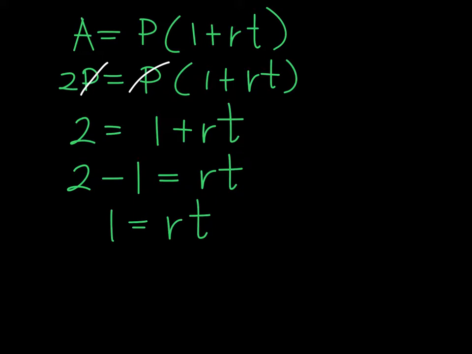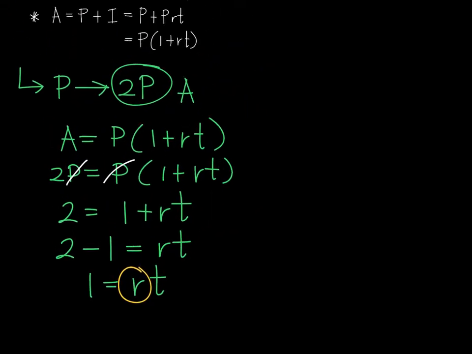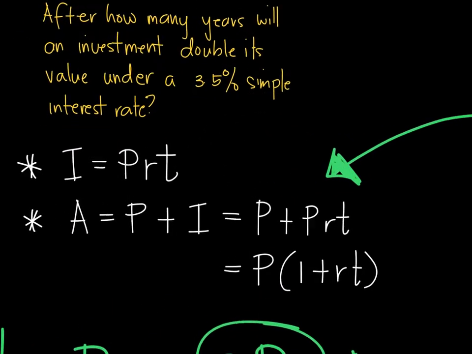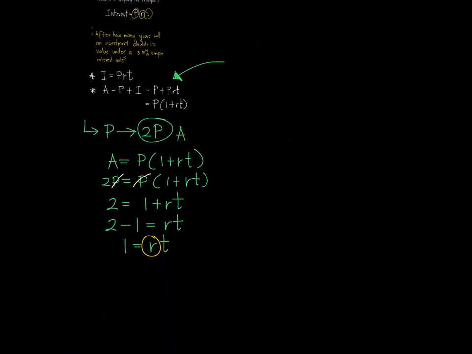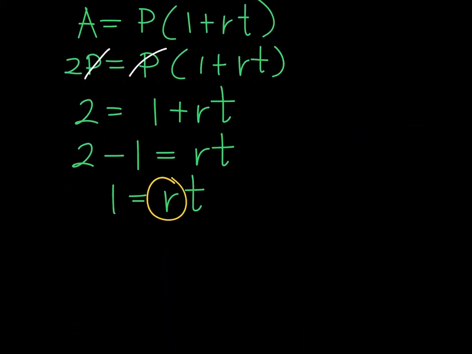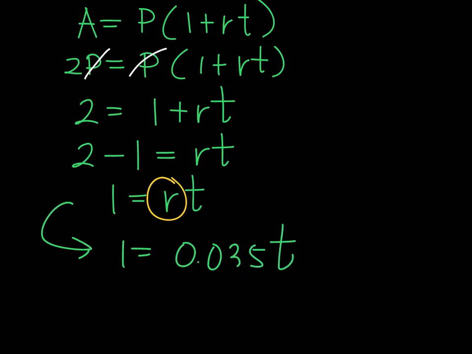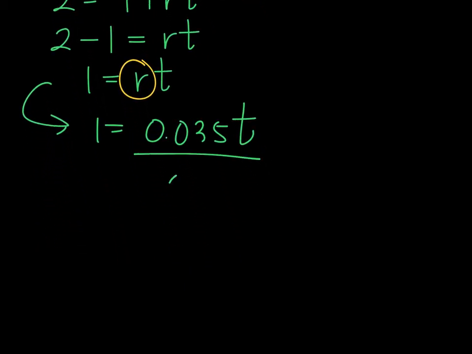From here, it's very easy to find T, because we already know R. Placing the R given in the problem, 3.5%, this becomes 1 equals 0.035 times the time. Dividing both sides by 0.035, we get the exact time.